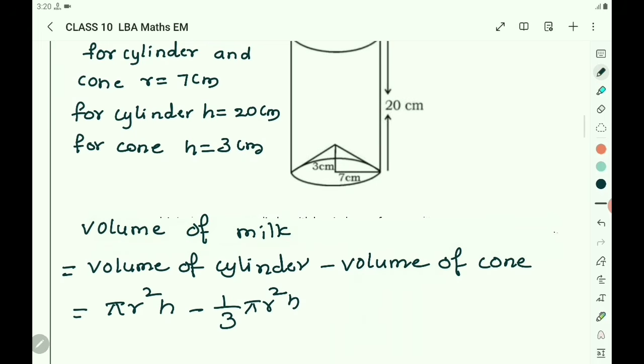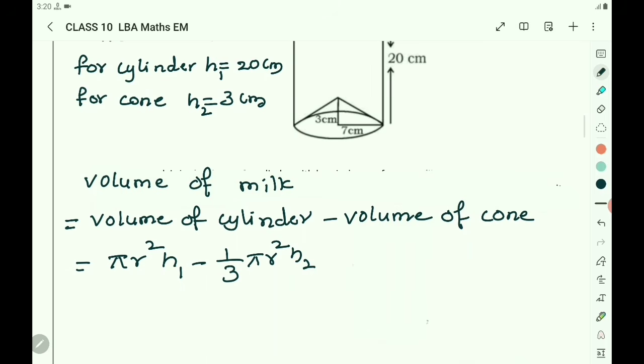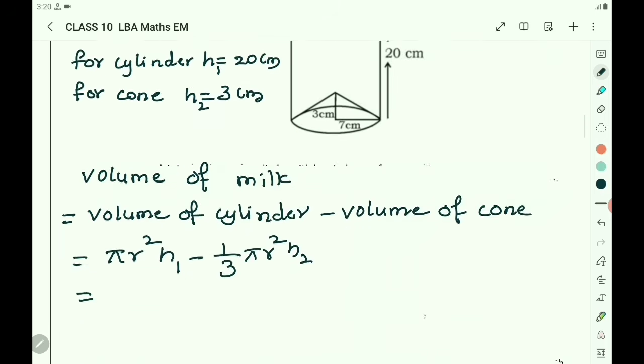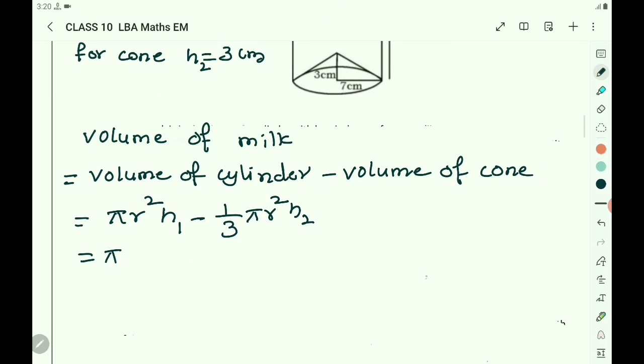Here the h are different. The h of cylinder you take h1 and h of cone you take h2. Then take pi outside as a common, and r square is the same, remove that also outside. In the bracket you write h1 minus 1 by 3 h2.